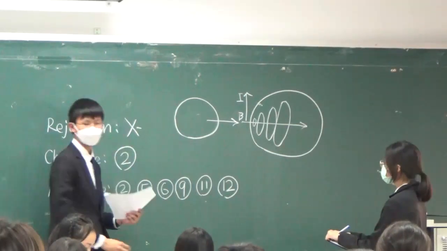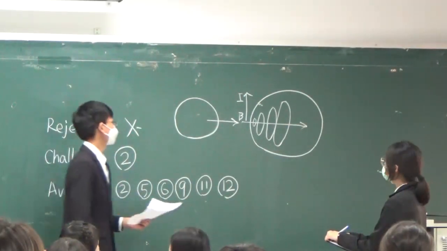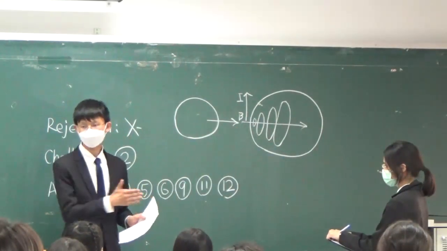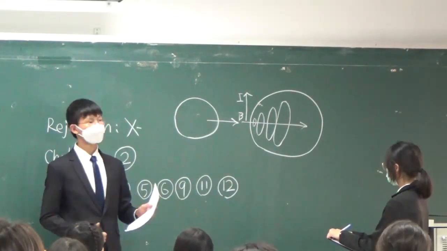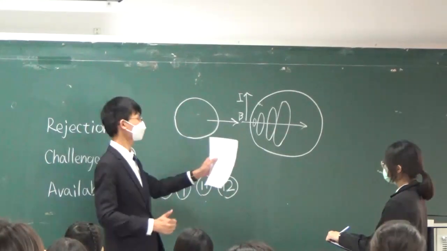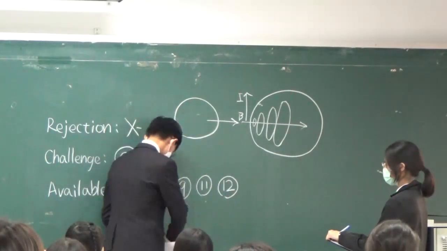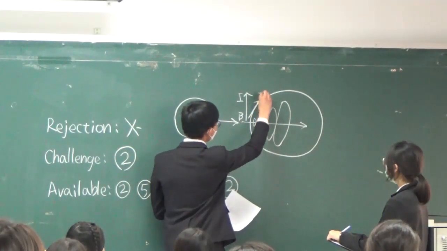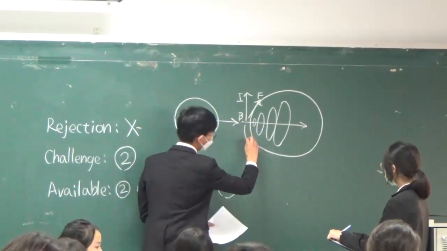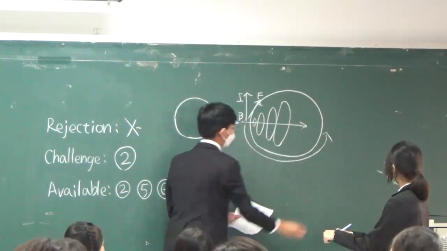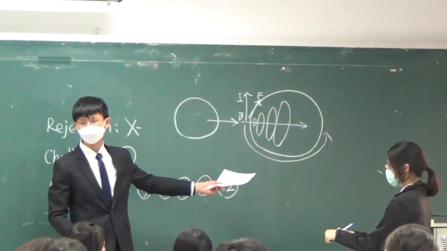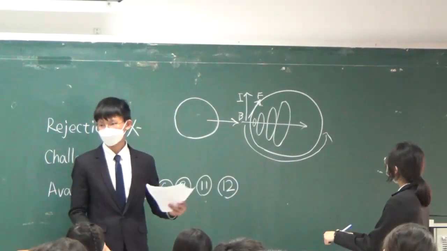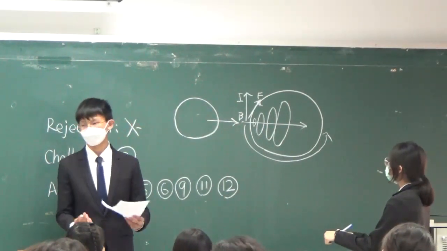Then by the right hand rule, the magnetic field direction is upward and the current is forward, making a force in this direction, opposite the direction of the sphere rotating. So I think this makes the magnetic damping of the sphere.